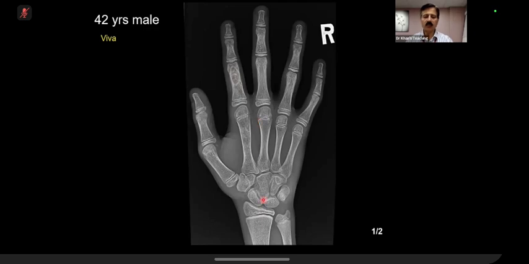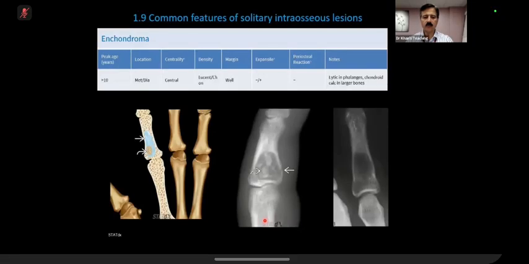And if an examiner shows it to you, he or she is going to ask you questions so that you reach a specific diagnosis. What is your thinking? This is what they are looking for. So this is an enchondroma. Enchondromas can occur in the short bones, 50% of them are in the short bones, particularly the hand.